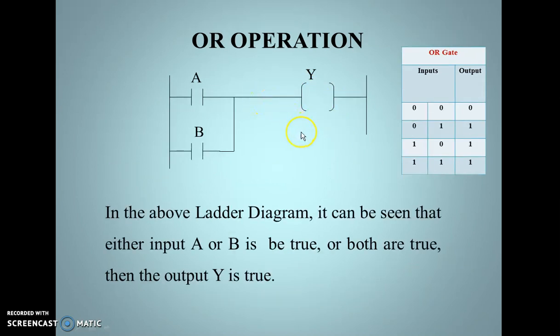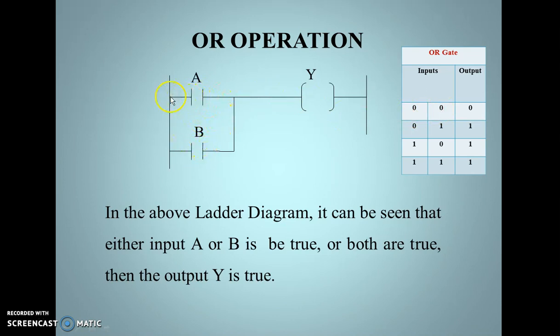On similar lines, we can also understand the operation of OR gate. In case of OR gate, from the truth table we can see that if any of the inputs is logic high or 1, then we can get the output. The only case we don't get the output is when both the inputs are 0 or logic low. This we can verify using the ladder diagram.